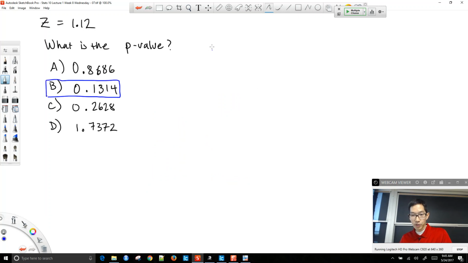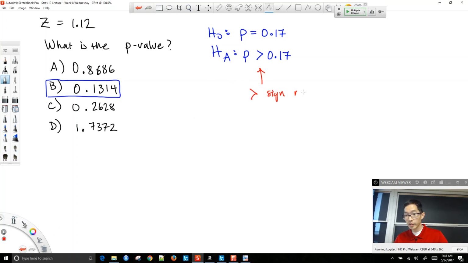The way we do this is we look at the null and alternative hypothesis. The null is that p is equal to 17%. The alternative is that p is greater than 17%. The greater than sign means the p-value is equal to the area to the right of z.